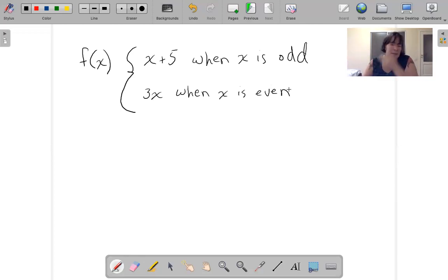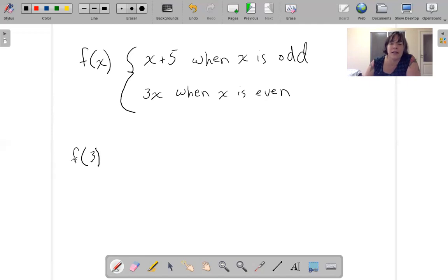Let's say I want to find f of 3. Well, let's look up here. Odd, even. Is the number 3 odd or is it even? It's odd.